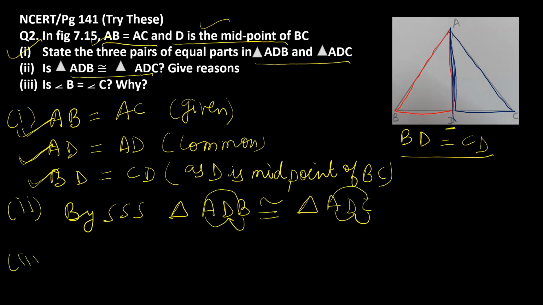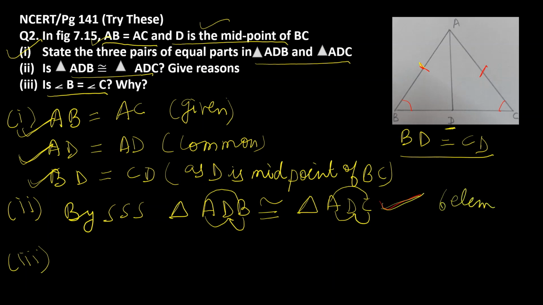So now come to the third part of the question, angle B is equal to angle C. You can see here AB is equal to AC. So this is an isosceles triangle, and in an isosceles triangle the opposite base angles are equal, but we are not going to use that property because here we have to prove it. So never write this reason, angle B is equal to angle C because this is an isosceles triangle, because many students write this reason.